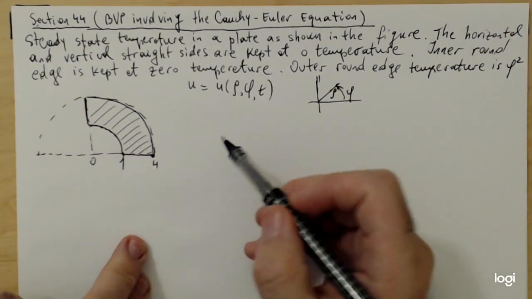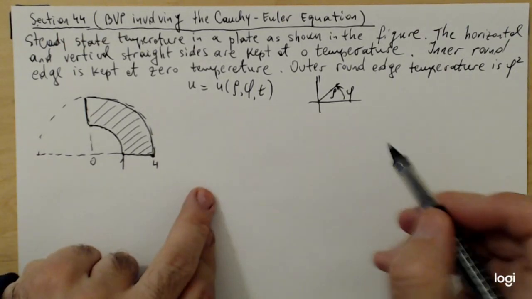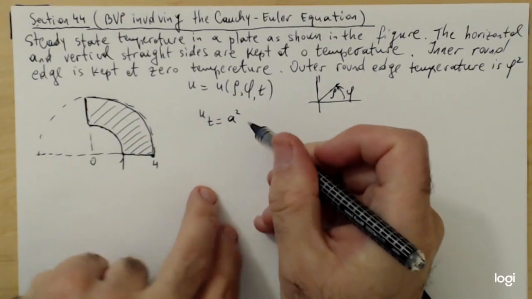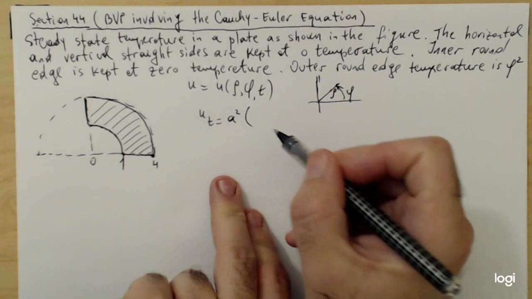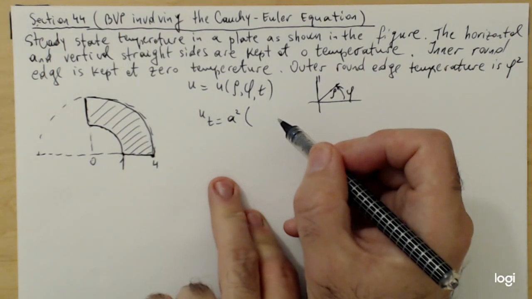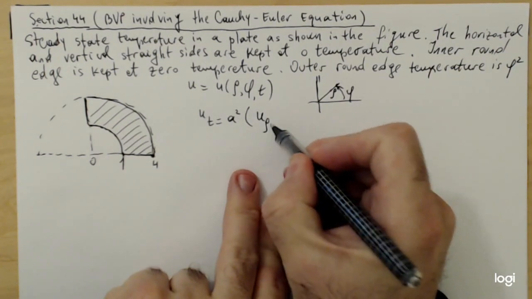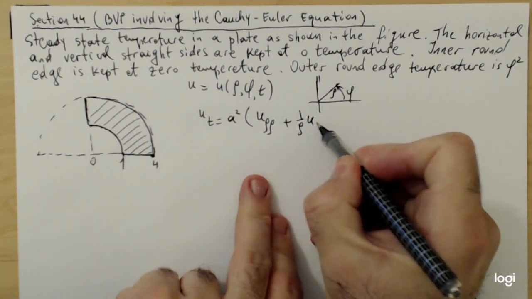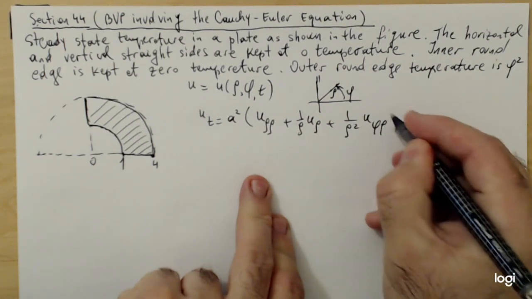So the heat equation in this case, generally speaking, will be u partial t equals some constant a squared, and then the Laplacian in cylindrical coordinates, the portion only that depends on rho and phi, which is u differentiated with respect to rho twice, plus 1 over rho u partial rho, plus 1 over rho squared u partial phi twice.